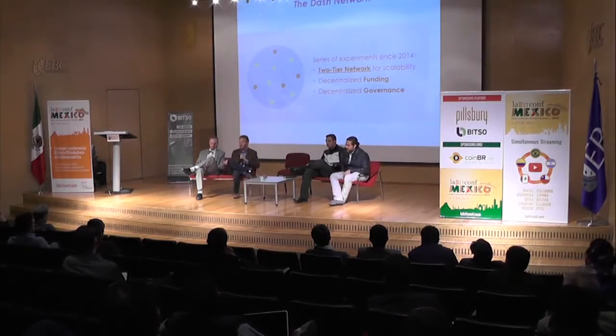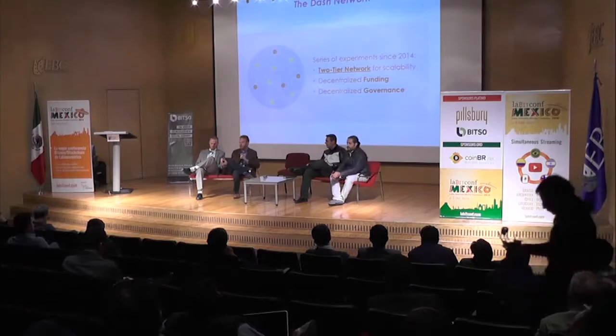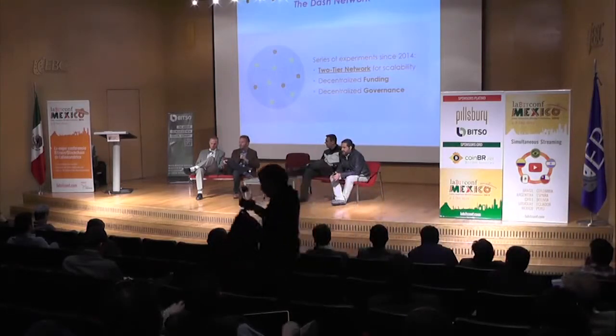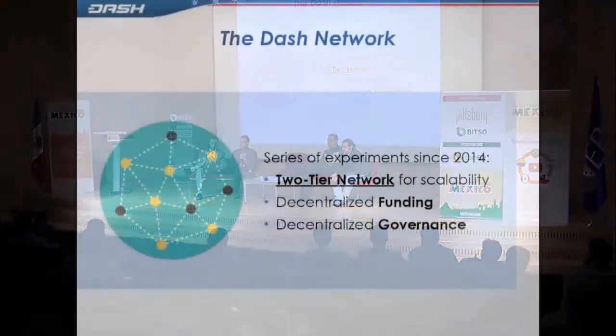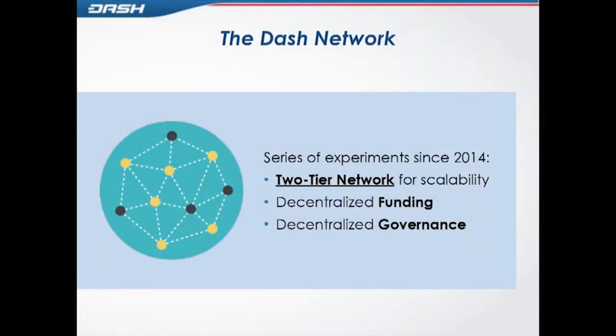Some of the projects have been what we call a two-tier network, as opposed to a single-tier network like the Bitcoin network, and then decentralized funding and decentralized governance. So how does that work exactly? Well, if you think of Bitcoin like a job network, I would argue that it's actually the first truly decentralized job network.